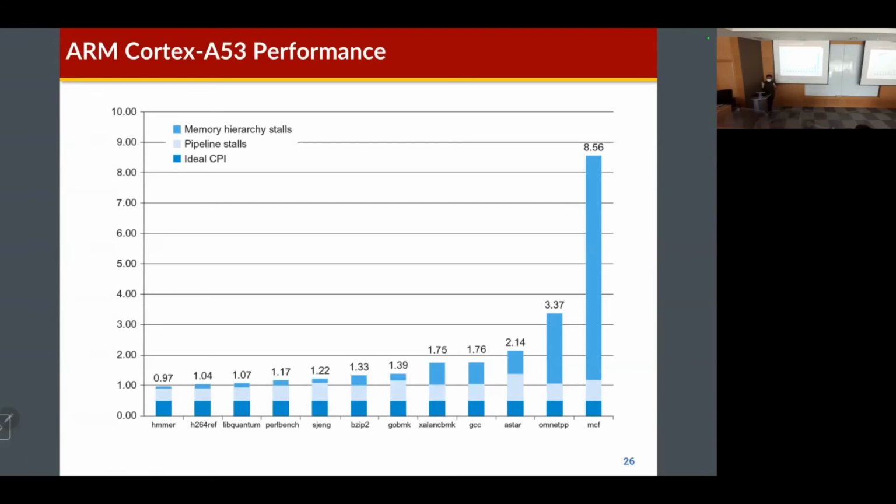So in order to increase the performance of the system, we need to tackle the issues in processors, and also the issues in memory systems, right? This result shows that.